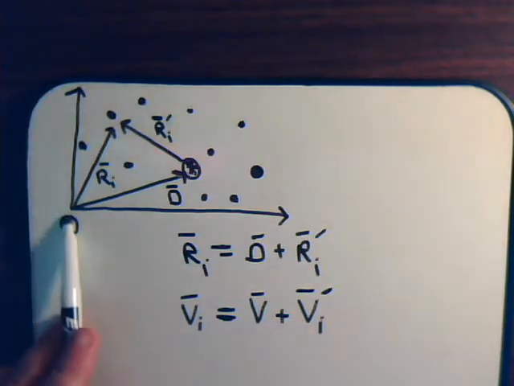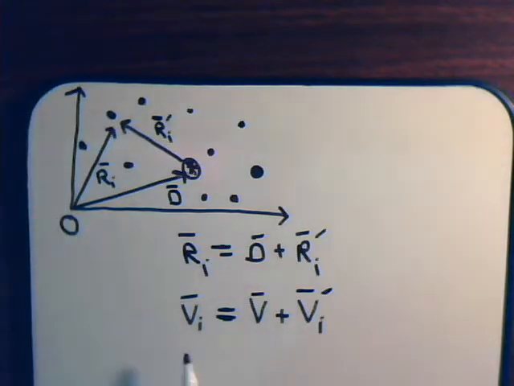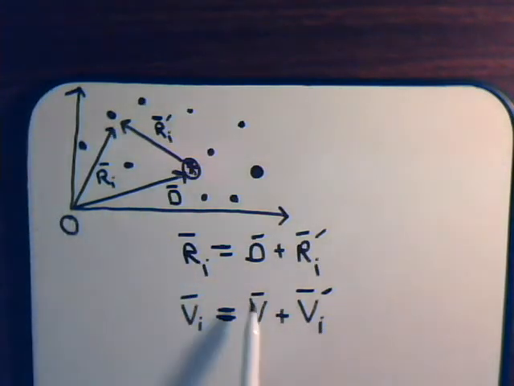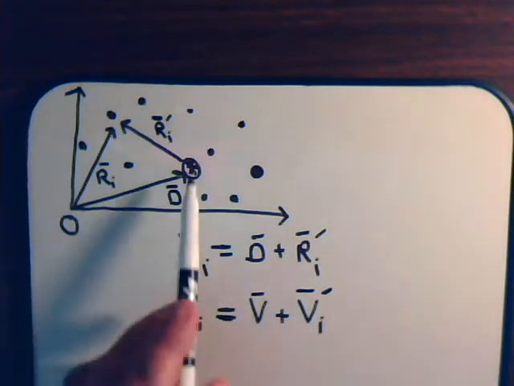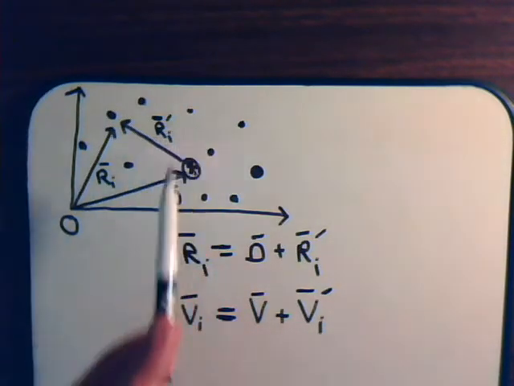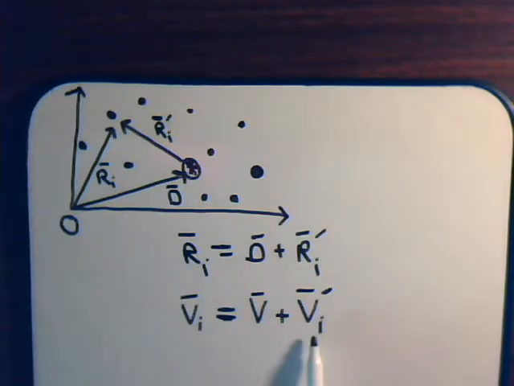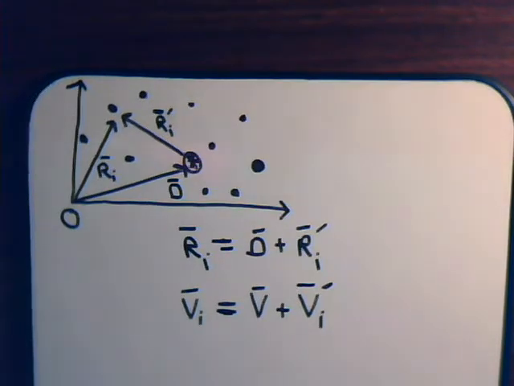So the velocity that we measure is equal to the velocity of the center of mass plus the velocity of any of these particles as measured by an observer standing at the center of mass. Now, we're concerned with the kinetic energy of the system.